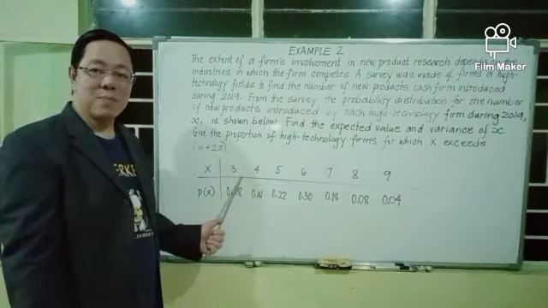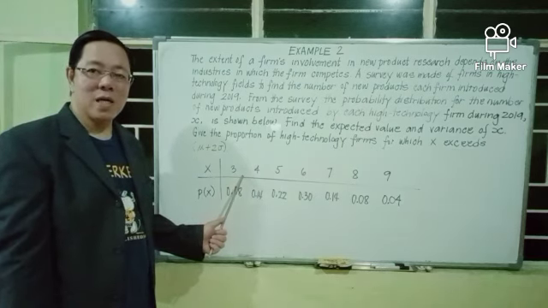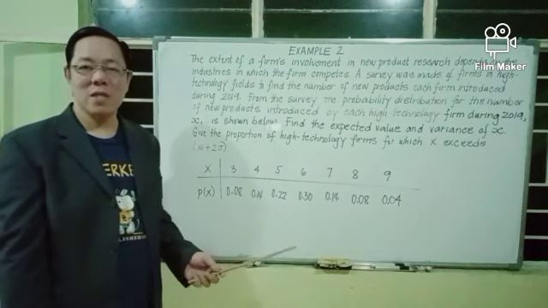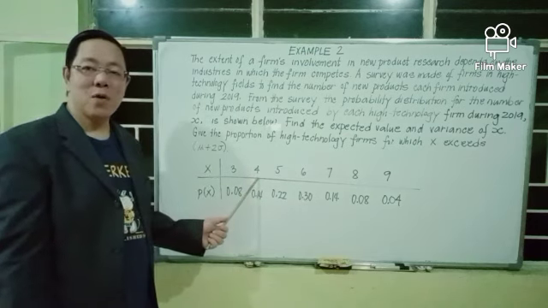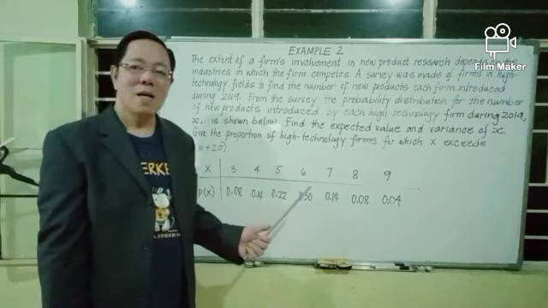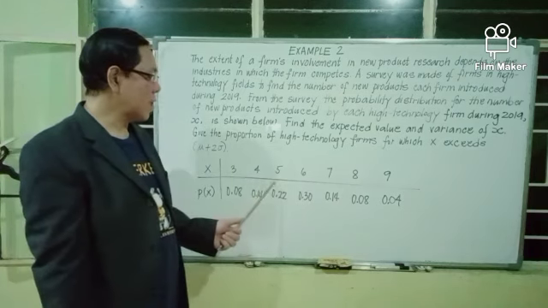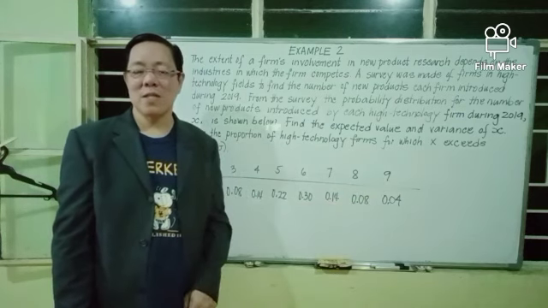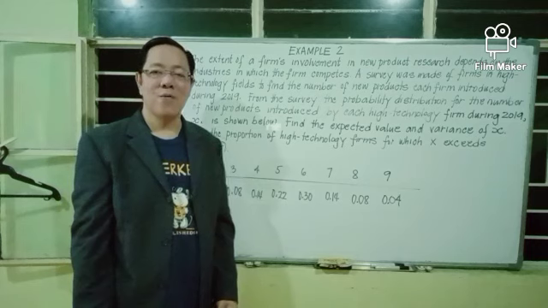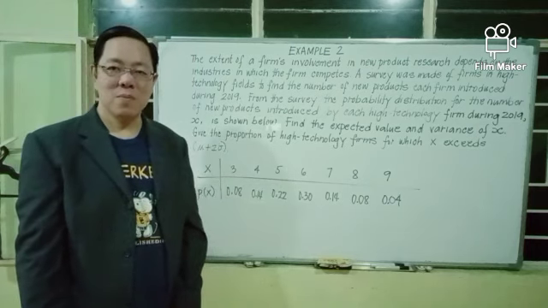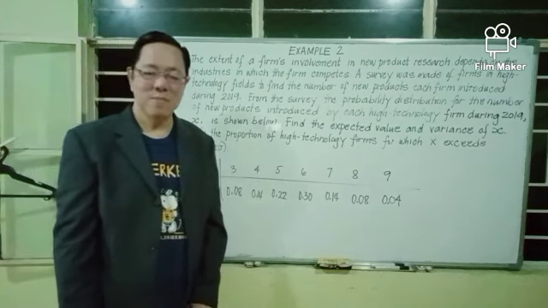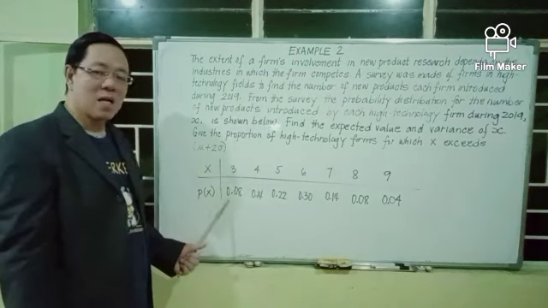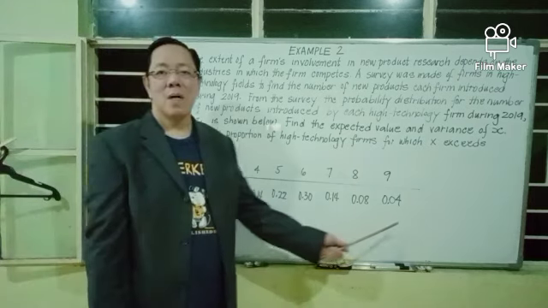That is, 3 products were introduced by each high technology firm during the year 2019, or 4 new products, and so on up to 9. X equals 9 means that 9 new products were introduced by each of the high technology firms during the year 2019. And the corresponding probability for each value of the discrete random variable X is given by these values.